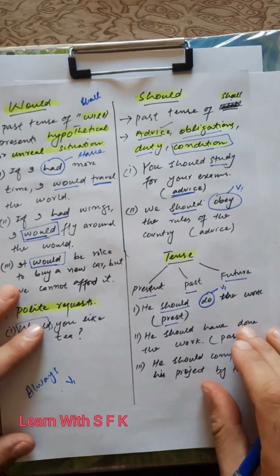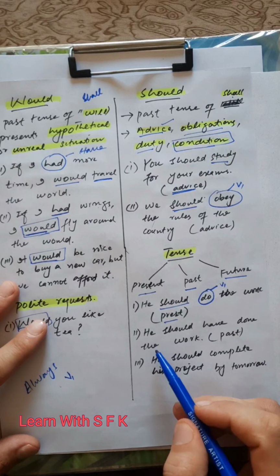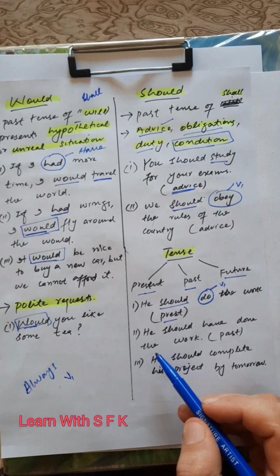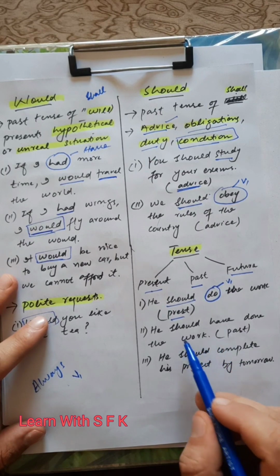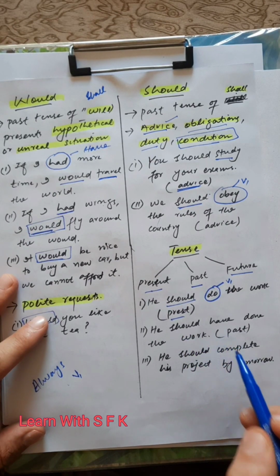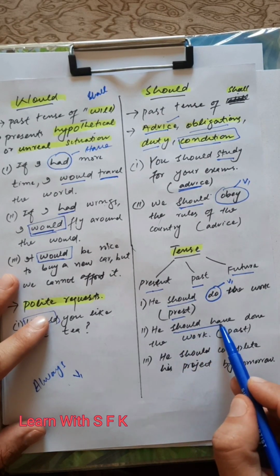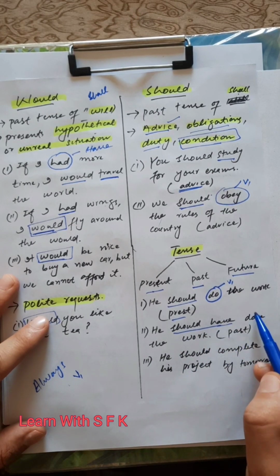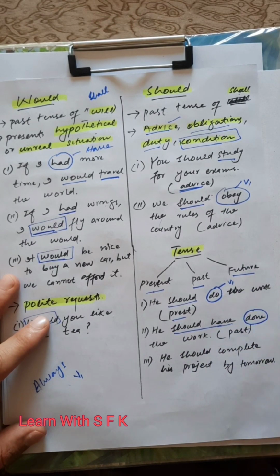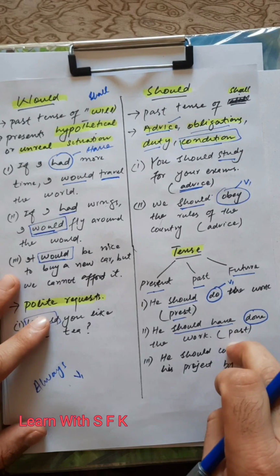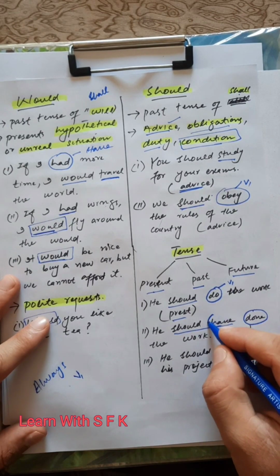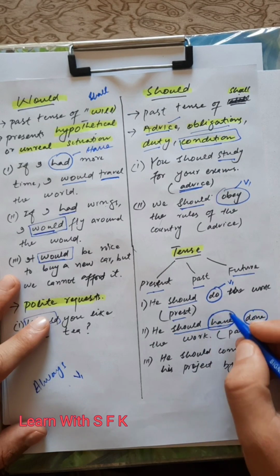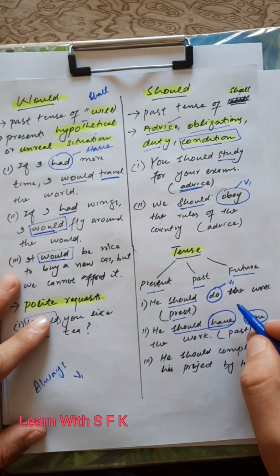Okay, the next example in the case of should: he should have done the work. Here we have used should in the sense of past tense. You should have done. Then we have to use have, then we have to use done. But here have is used in its V1 form.